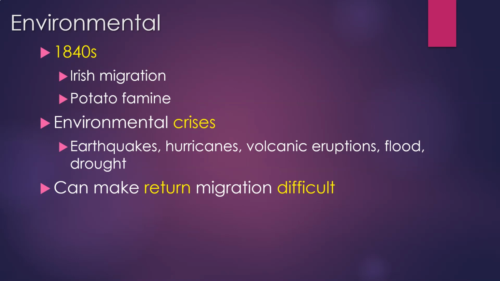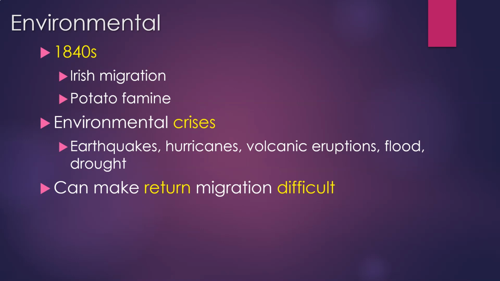All right, environmental factors. 1840s, Irish migration, again, partly due to the oppressive policies that Great Britain imposed on the Irish, but you certainly have the potato famine. People were starving. They were looking, yes, for economic opportunity, but they were also looking to stay alive.